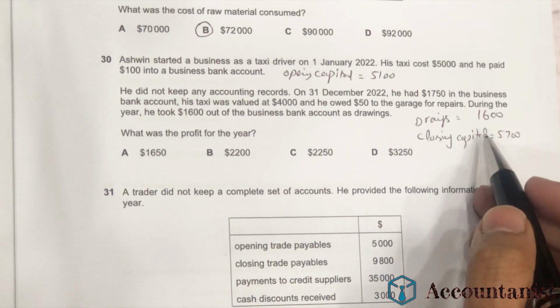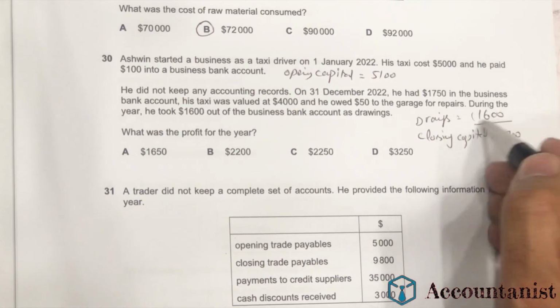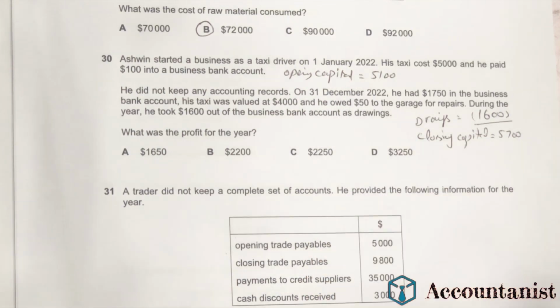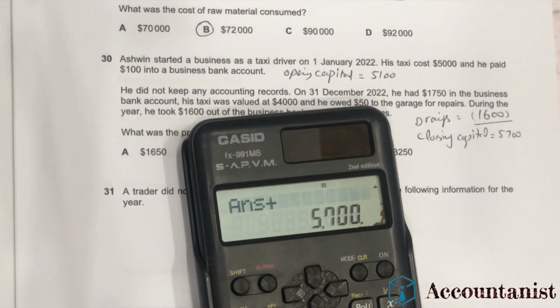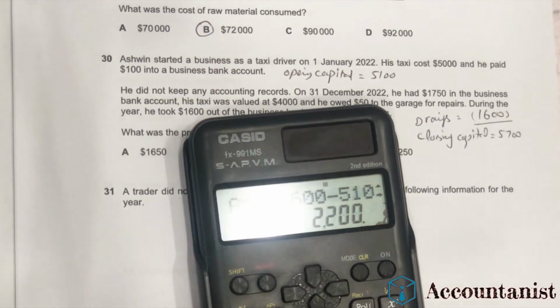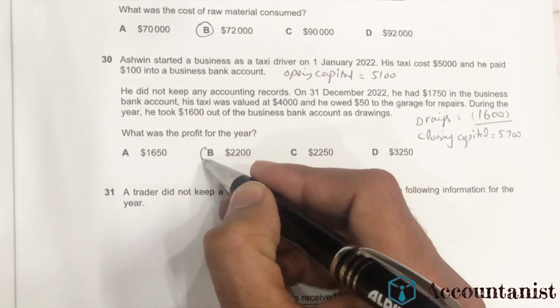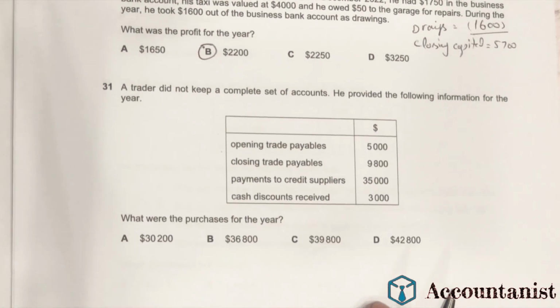If we go back from the closing capital and add the drawings, because we normally deduct the drawings from the opening capital and add the profit, so I will go back. 5,700 plus 1,600 drawings, and less the opening capital 5,100, gives me the balance of 2,200, meaning the profit for the year. So the right answer for this question is option B. Let's move on to the next question.